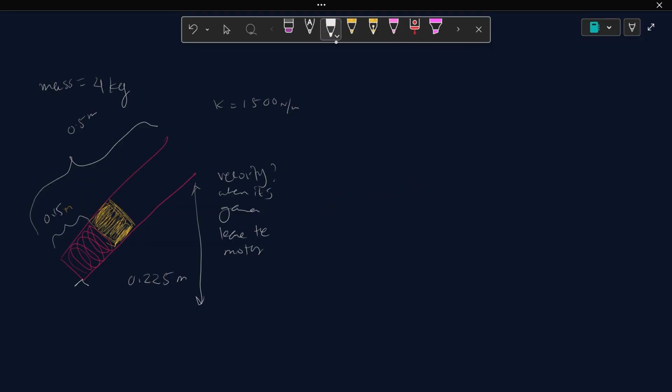If you write the formula, the spring energy is transferred into kinetic energy plus potential energy. The spring energy formula you already know: half k delta s squared. Then you have kinetic energy, half mv squared, and potential energy, mgh, and you're just going to plug in everything you're given.